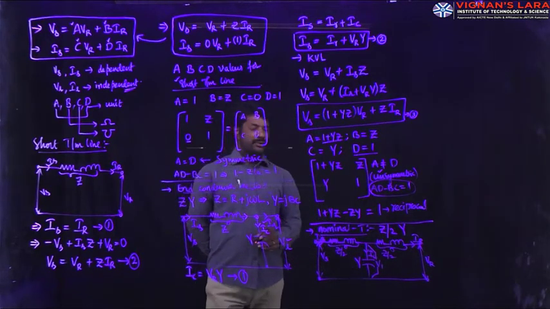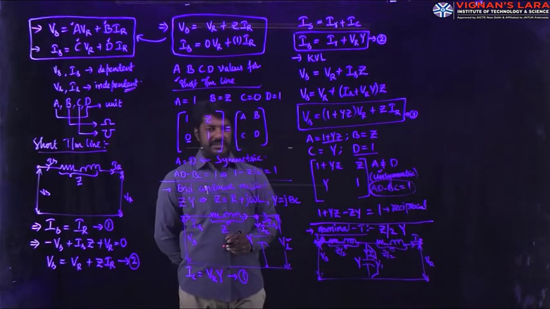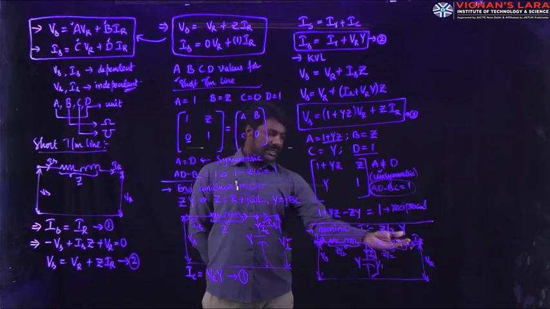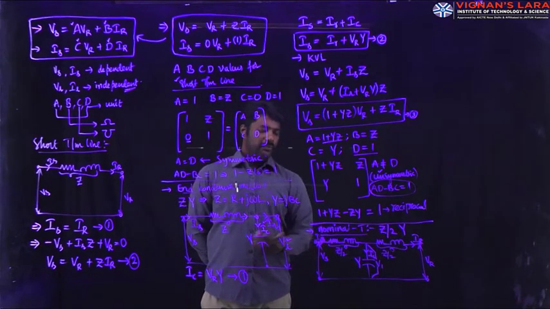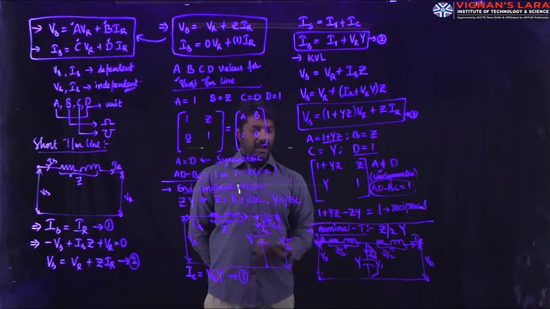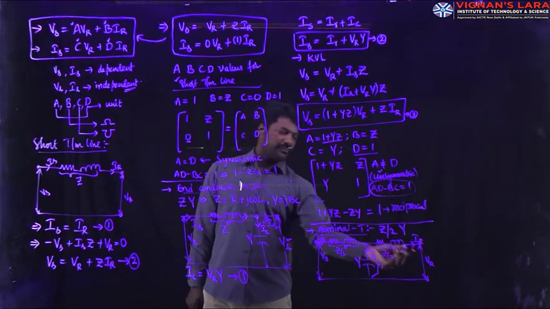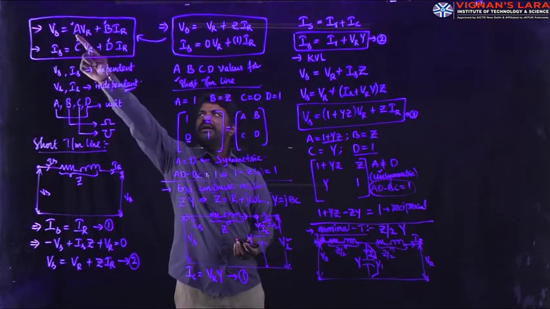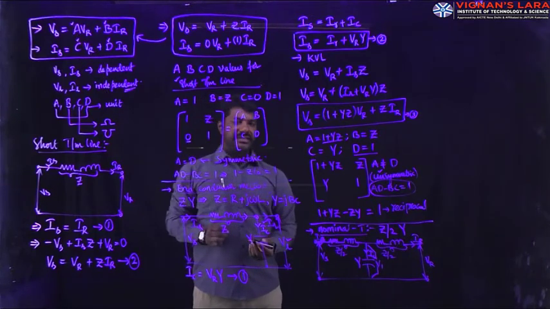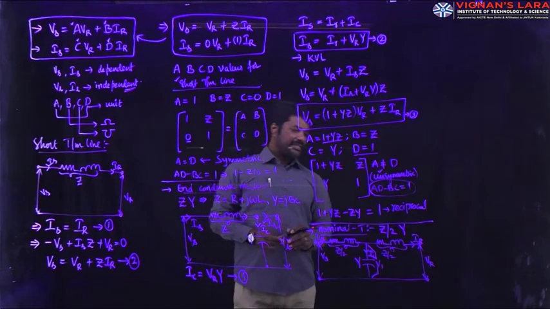Here also, to analyze this network and get the ABCD constants for this nominal T, we will start at the receiving end side, apply KCL and KVL, and move towards the sending end side. The objective is to get the equations for VS and IS in terms of VR and IR with the coefficients being the ABCD parameters. So let us start with the receiving end side.